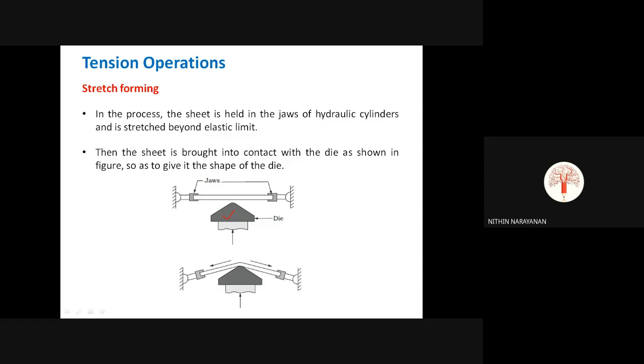If there are two holes before stretch forming, what will happen after stretch forming? The hole is going to elongate into an oval shape and its dimension will change. So it is advised to make holes only after stretch forming.